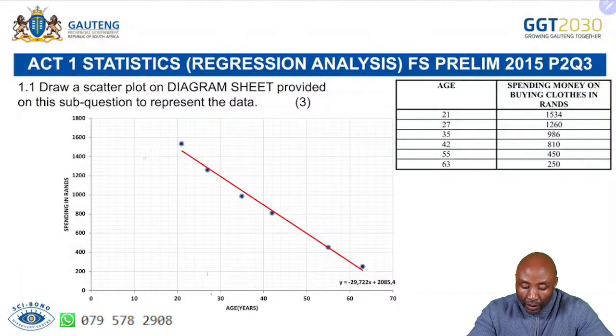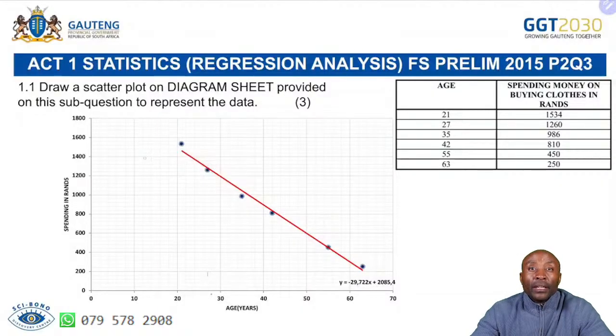Now we plot all the 6 points, and then we get our 3 marks for plotting the scatter plot. And from the way we see it, the points are forming a linear trend that is decreasing from left to right. Now we join the points.